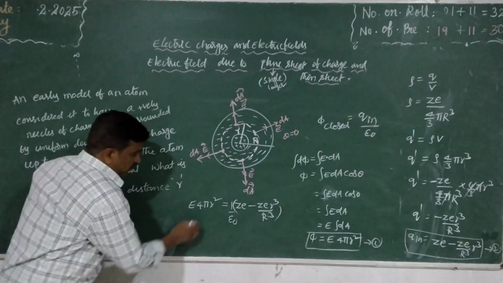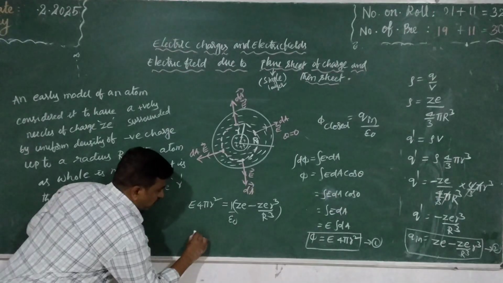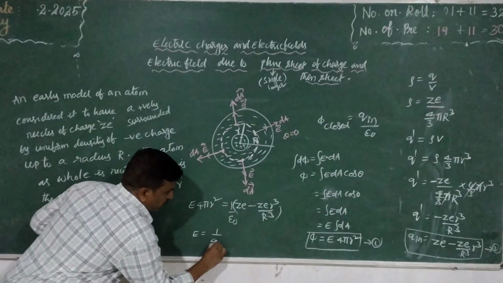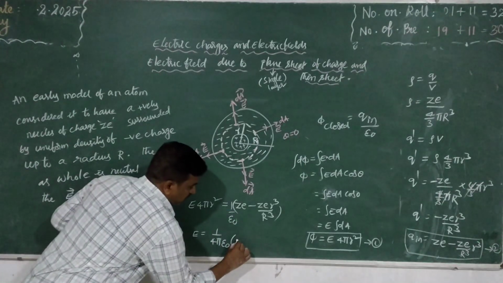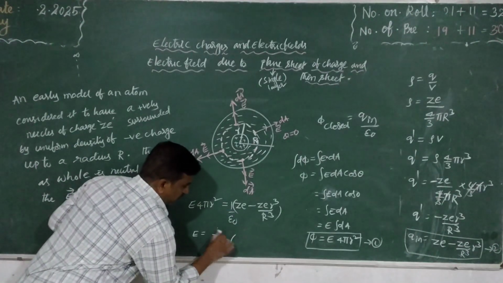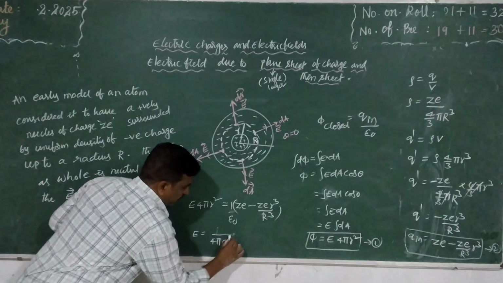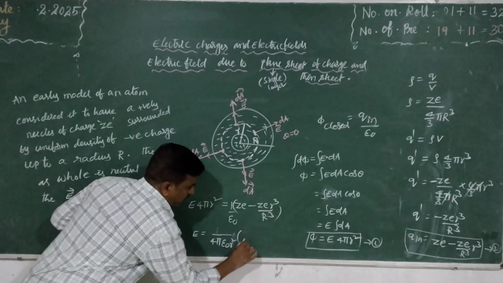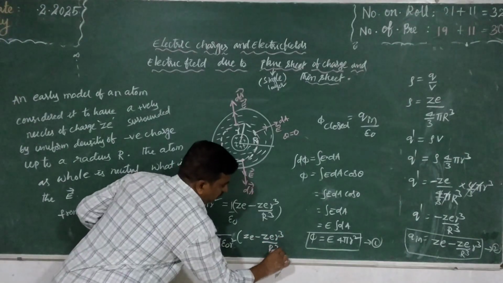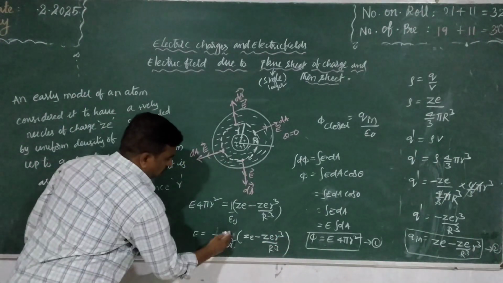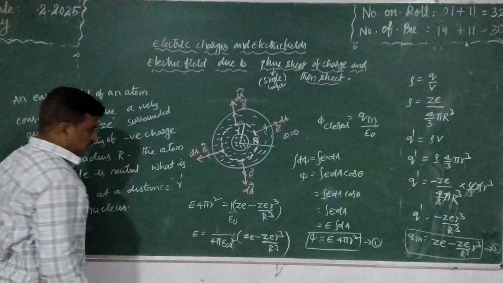Here this 4 pi changes to this side, so E equals 1 by 4 pi epsilon naught, and r squared goes inside. Ze we can also take common here. First I write 1 by 4 pi epsilon naught r squared, Ze minus Ze small r cubed by capital R cubed. Ze is common, and r squared goes inside. What do we get now?